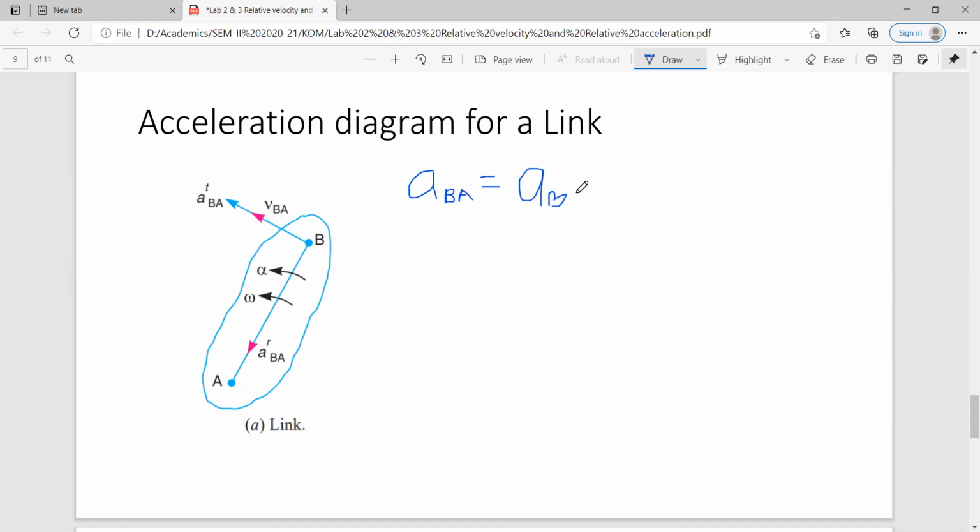First one is the centripetal component, which is also known as radial component.